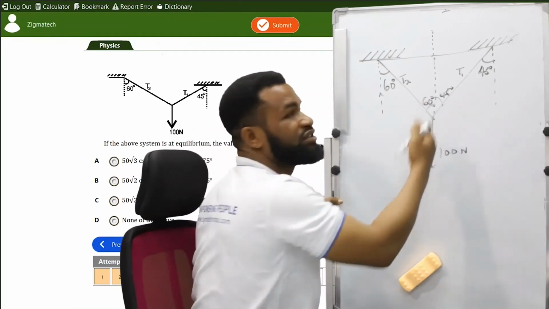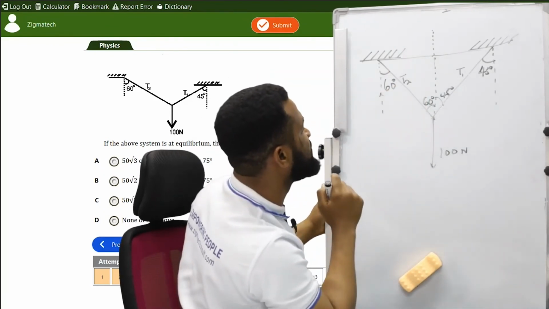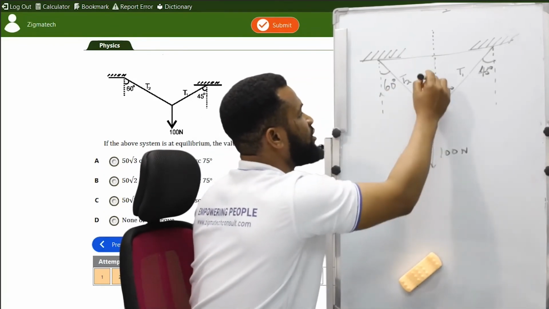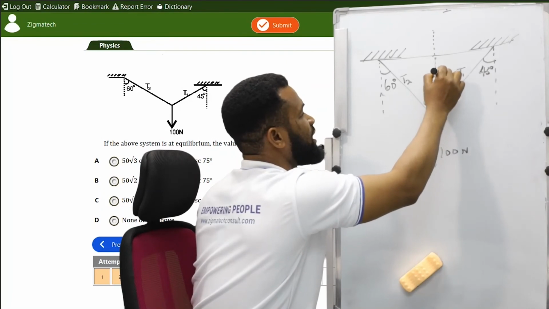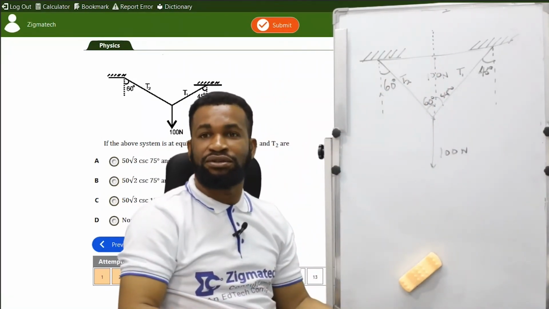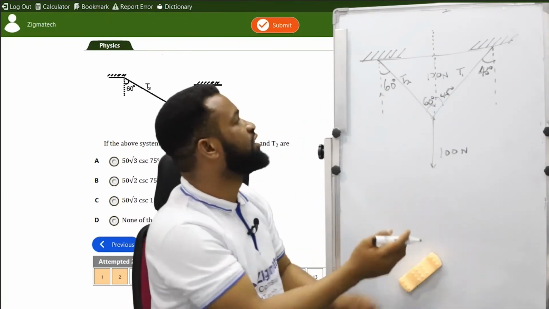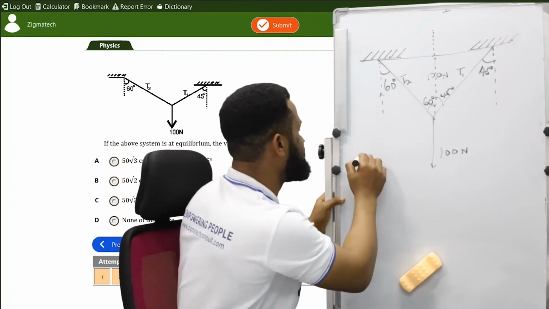The value of T1 or T2, I'm going to say opposite over hypotenuse. Now, remember this is 100. 100 is still here because that is the line of action. I'm using it as my vertical. Even if I use the triangular rule, yes, triangular rule, I will still achieve this. So I have this.